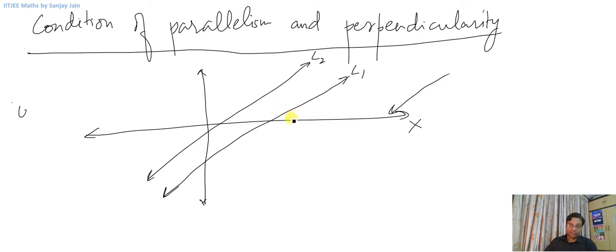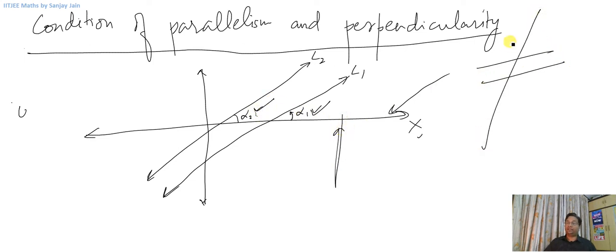Let us say the line L1 makes an angle alpha 1 with the positive direction of x-axis, and line L2 makes an angle alpha 2 with the positive direction of x-axis. Now what can you say about these angles alpha 1 and alpha 2? As these lines are parallel to each other, these two angles are corresponding angles, because this is the transversal. So alpha 1 and alpha 2 are definitely equal to each other, right?